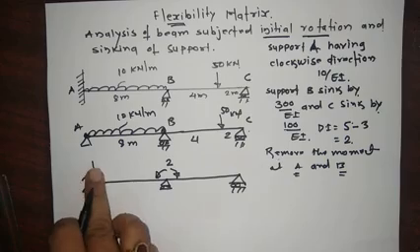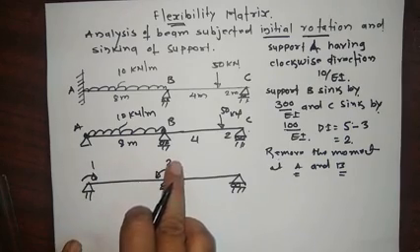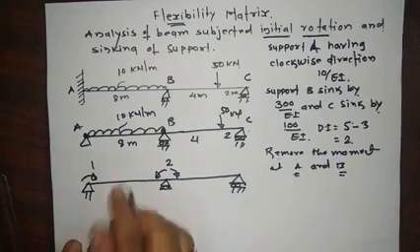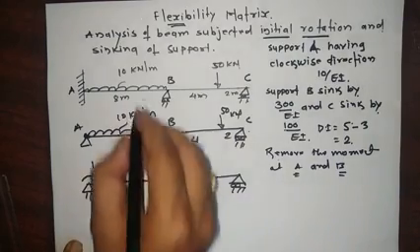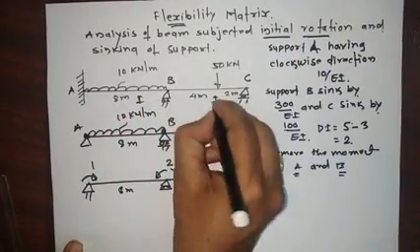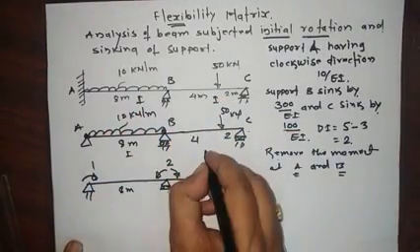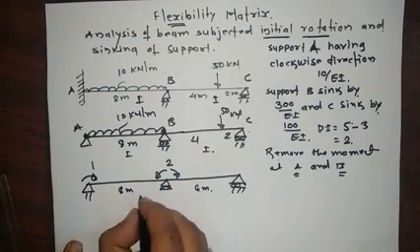This is our coordinate number 1, this is our coordinate number 2. This is 8 meter, this is 6 meter. Now having the same I as we saw in lecture number 20.